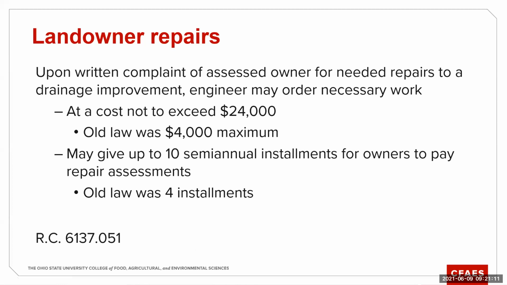The landowner repairs: under the old law, you could request repairs if you felt that the drainage on your portion of the improvement needed some changes, some maintenance that wasn't being done, some repairs to the structure itself. And you can still do that. You can make that request. It's called a written complaint to the engineer. In the old law, that cost could not exceed $4,000, but we increased that significantly to $24,000 for that individual request for needed improvements and work.